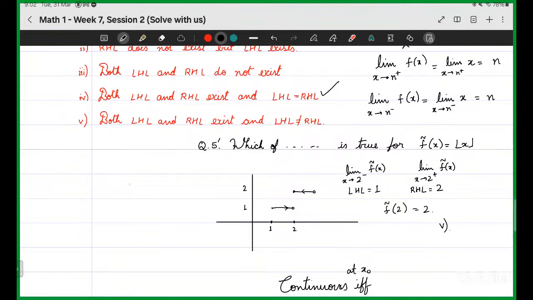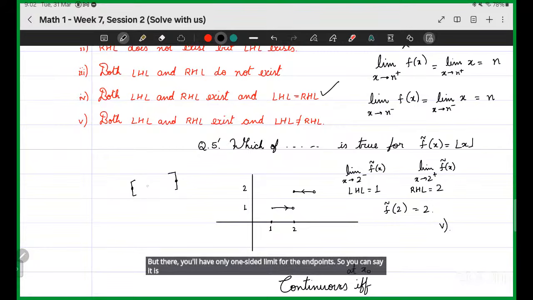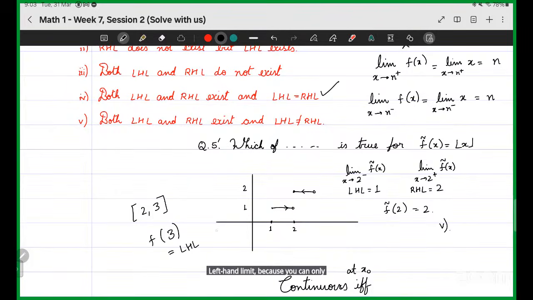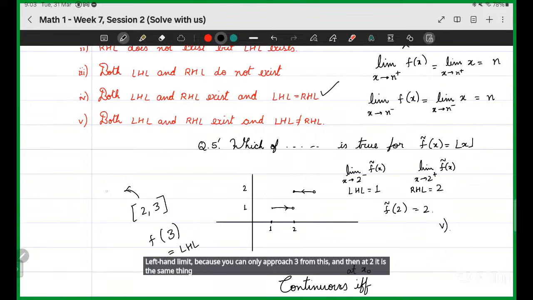There you'll have only one-sided limit for the endpoints. So you can say it is a function from 2 to 3. Then if you want to check continuity at 3, it is just f of 3 is equal to left hand limit, because you can only approach 3 from this side. And then at 2, it is the same thing. RHL at 2 is equal to f of 2.